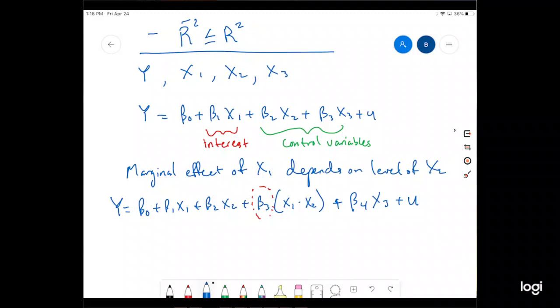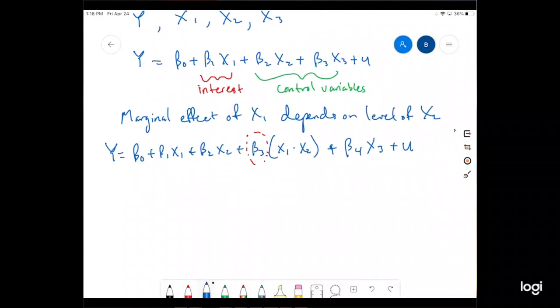Now write down a null hypothesis that the effect of x1 does not depend on the level of x2. Write down that null hypothesis. So that's what we just said.